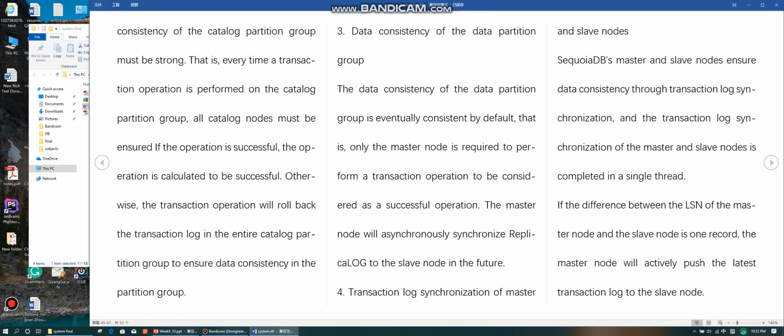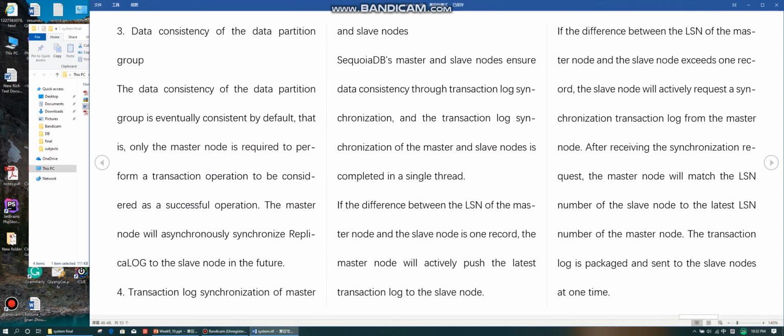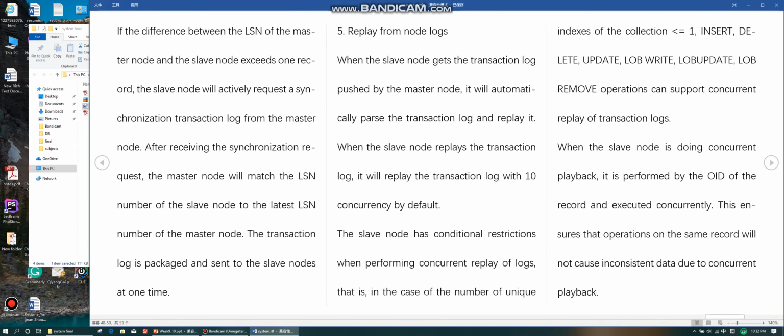Transaction log. If the difference between the LSN of the master node and the slave node is 1, the master node will actively push the latest transaction log to the slave node. So how to replay slave node logs?